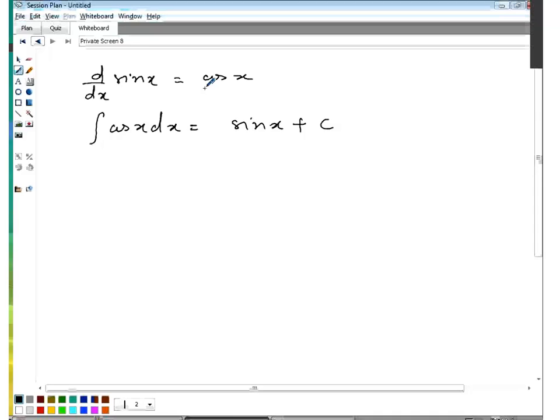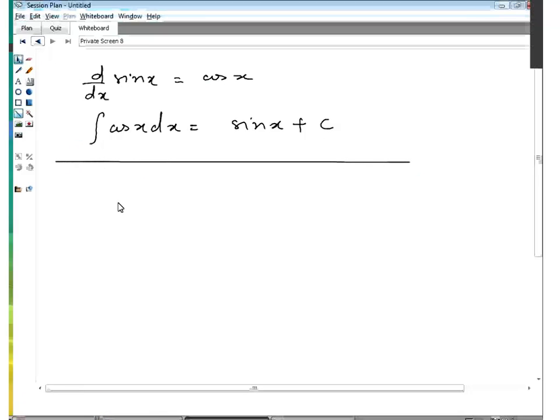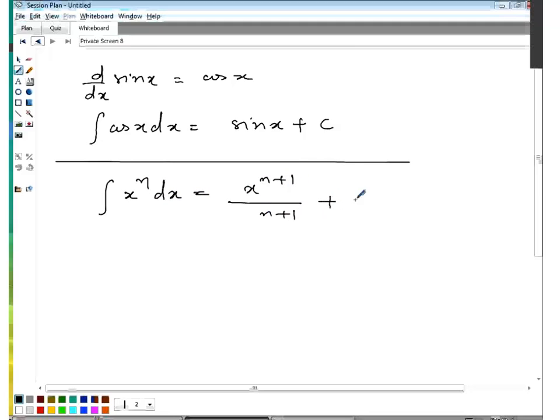Okay. Now, let's prove this formula. By the way, integral representation must have this symbol along with this.